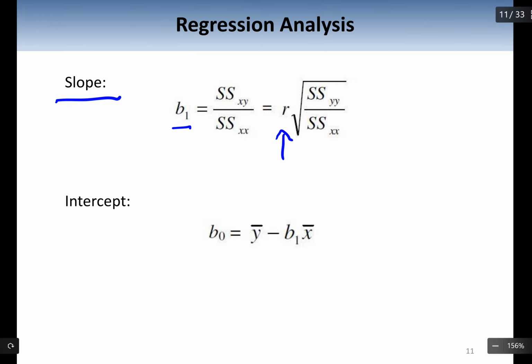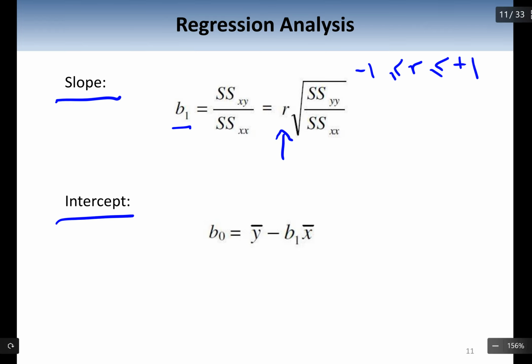It also equals our correlation r times those values.